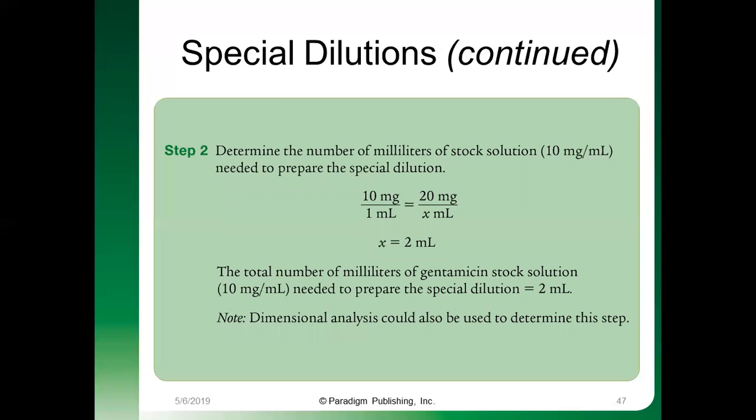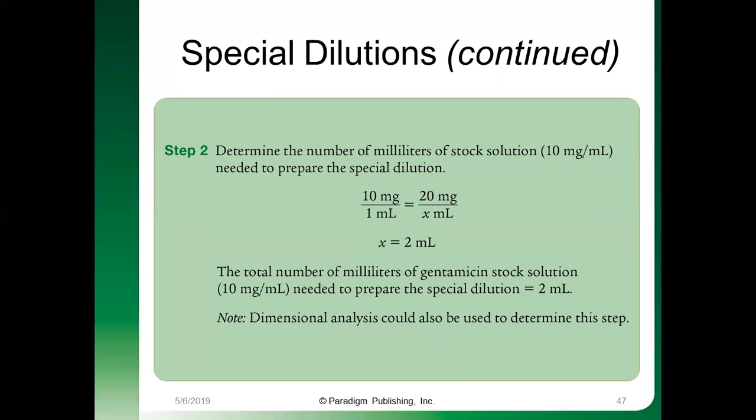In order to determine the volume of the 10 milligrams per mL stock, we're going to use the 20 milligrams that we want with the concentration that we have on hand to find out how many mLs we need. So let's set up our strength, which is 10 milligrams per mL, equal to the 20 milligrams that we need for our special dilution over X mLs.